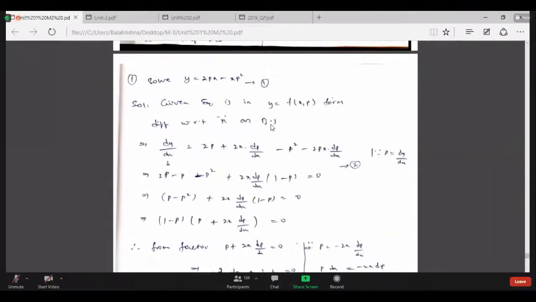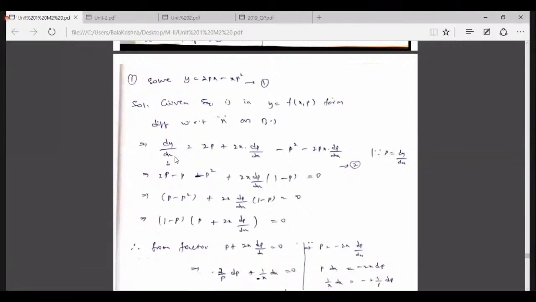That is, differentiate with respect to x, so that you will have dy by dx is equal to, so here p indicates dy by dx and x indicates a function. That means both are in uv format, both functions are there, so you should differentiate using the uv rule. So first with respect to x, that is 2p into x plus 2x into this p, that is dp by dx, minus again this one is in the form of dy by dx whole square, and this is a function.